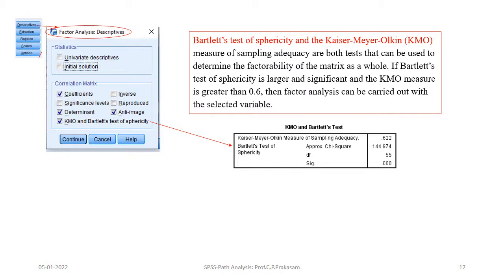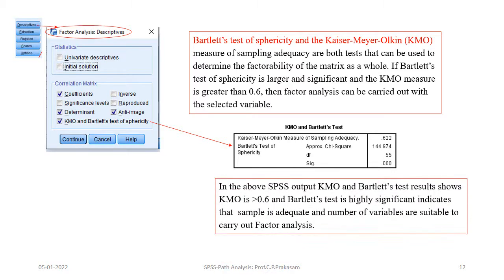That shows clearly the adequacy of the number of observations from the above SPSS output. The result shows that KMO is greater than 0.6 and Bartlett's test is highly significant, which indicates that the sample is adequate and the variables are suitable for carrying out the factor analysis. Once this is satisfied, then only we can proceed further.